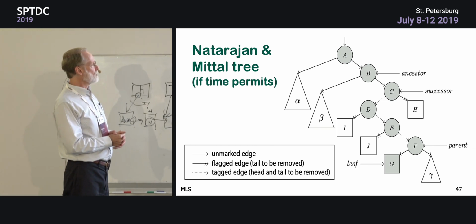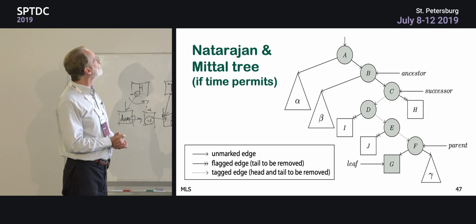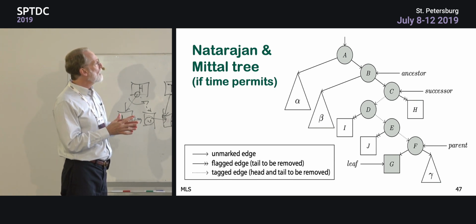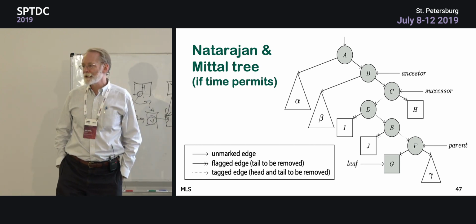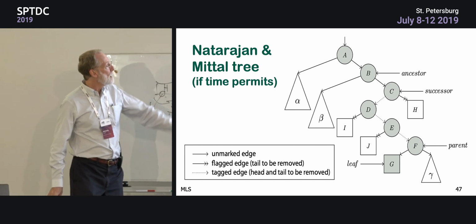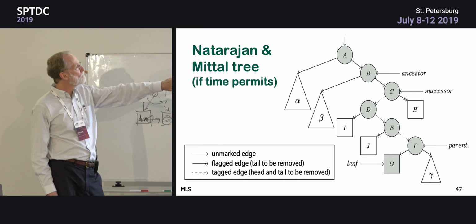In this picture, which again is drawn directly from the Natarajan-Mittal paper, leaf G down there is a place where I'm planning to do an insert or a remove. F is G's parent.